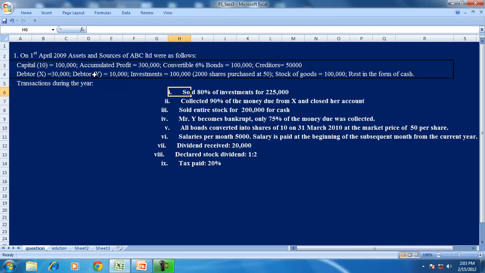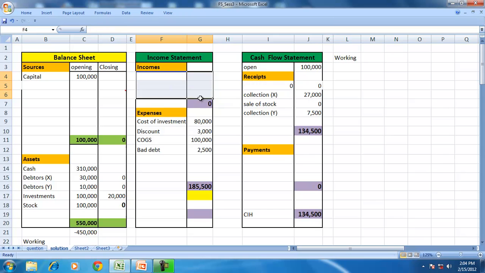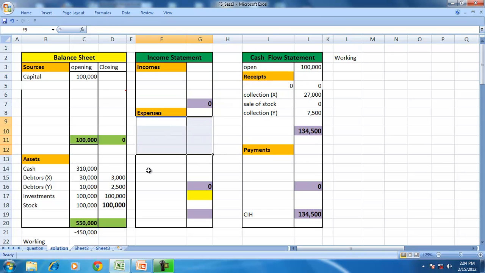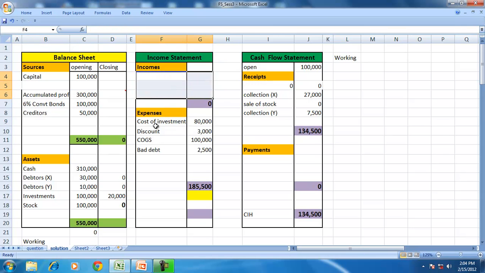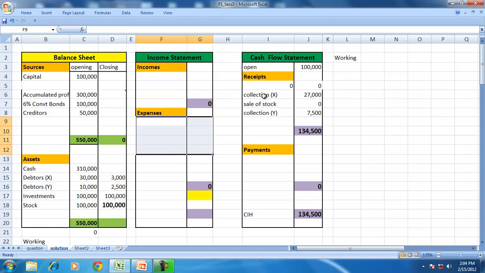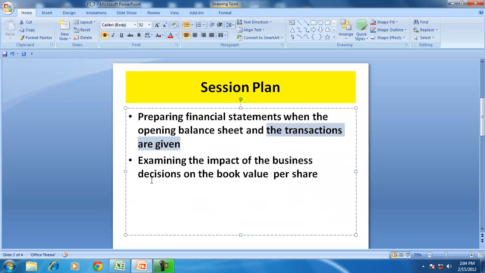So these are the transactions given. We will try to understand the effect of these transactions on the financial statements and observe the effect on the opening balance sheet. Besides that, we will also understand the effect of these transactions on the book value per share.